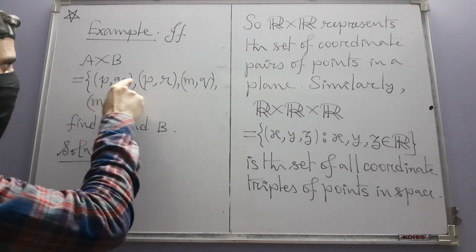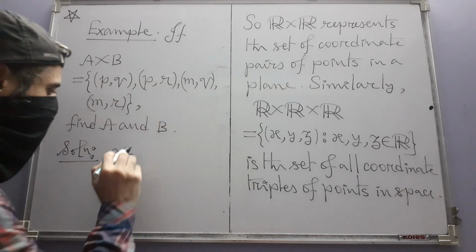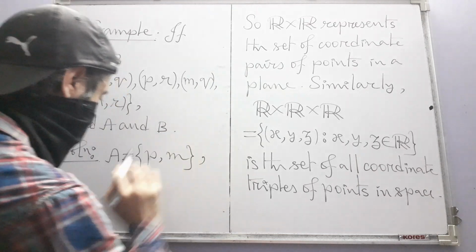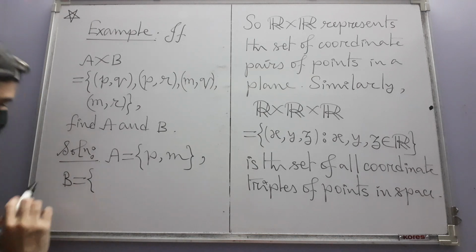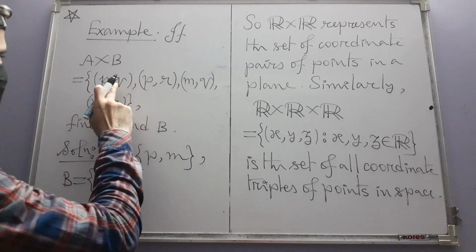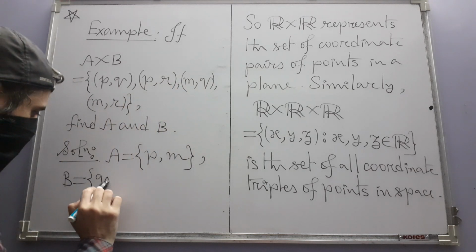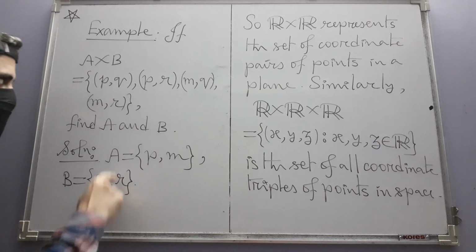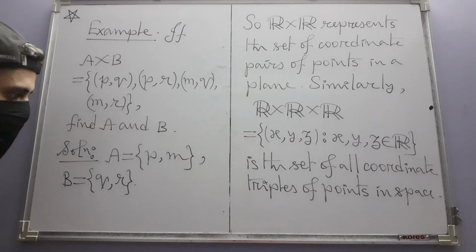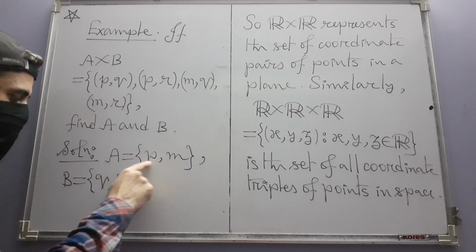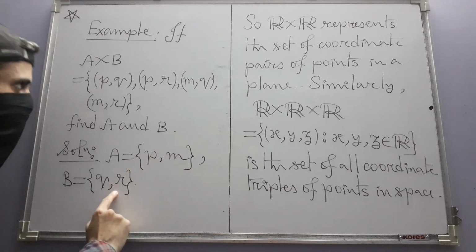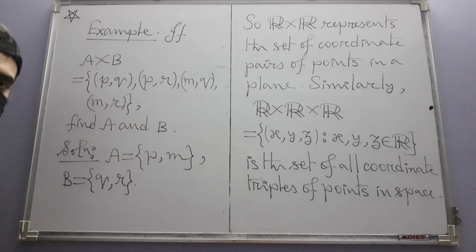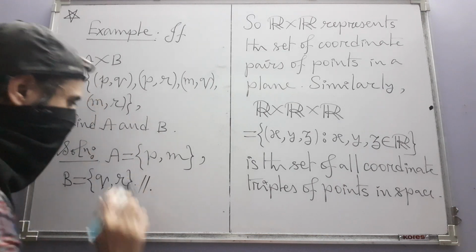And the first coordinates are P and M. So A should consist of P and M. And similarly, B should consist of the second coordinates of the ordered pairs, which are Q and R. To verify that you are right, you try to think of A times B now that you know A and B. A times B should have the pairs (P, Q), (P, R), (M, Q) and (M, R). Yes. Okay, so these are A and B.